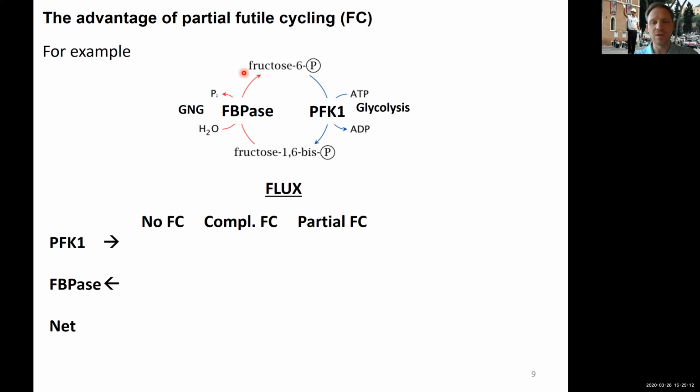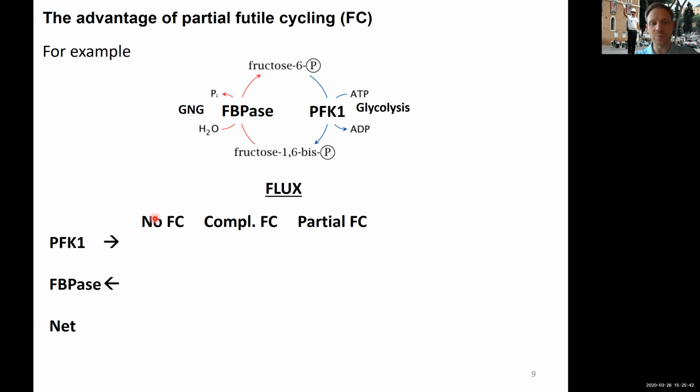So what I illustrate here now is essentially the rate of flux. I'm just using some numbers. They're not coming from any experiment. They're just arbitrary numbers to highlight the different rates of flux. What I want to show is the flux in the direction of PFK1, so glycolysis, and the reverse reaction of the phosphatase in gluconeogenesis, and then the net flux that we're achieving under these different scenarios.